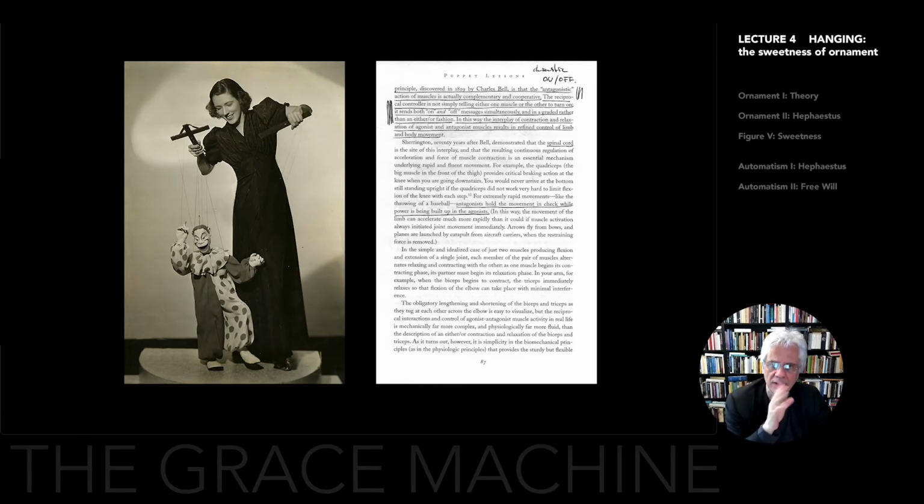I'm showing one or two pages of a beautiful book by Frank Wilson, a neurologist, and he has a chapter on puppeteering. Beautiful chapter, but it's already important because neuron means cord or string.